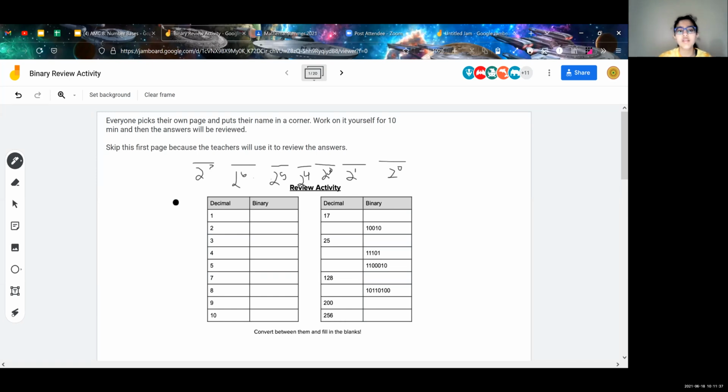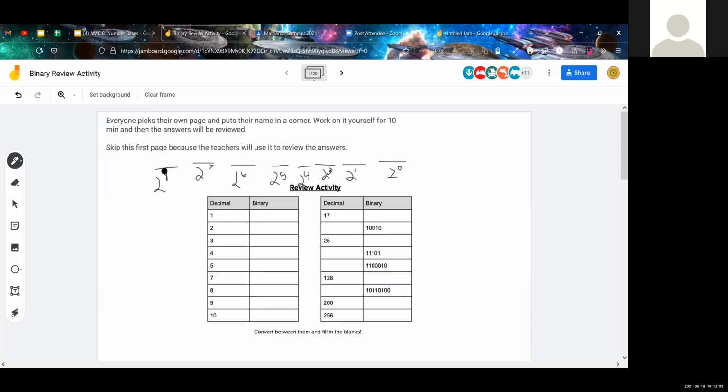So if it helps you again, write out the place values of the base, so it's easy to keep track of your work. At 10:13, I'm going to start explaining because a few minutes ago I saw many people were almost done.